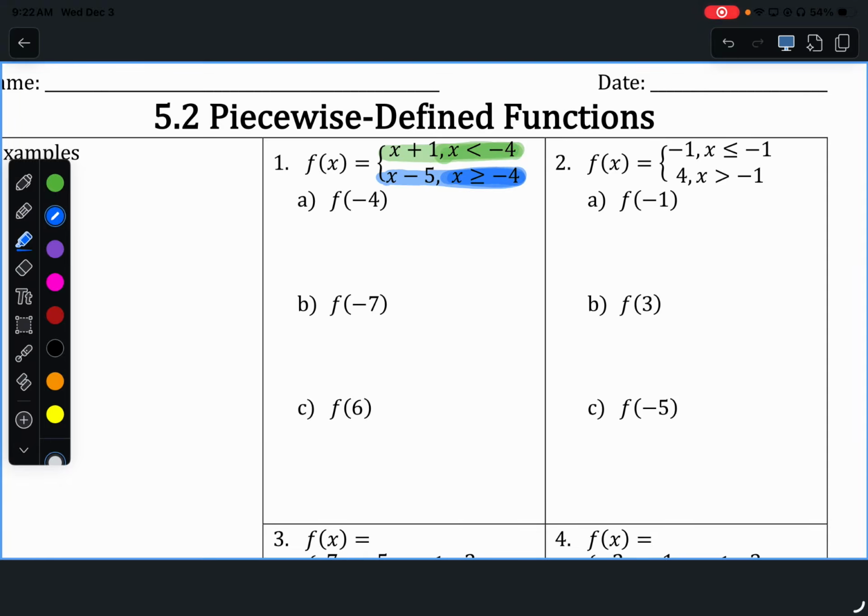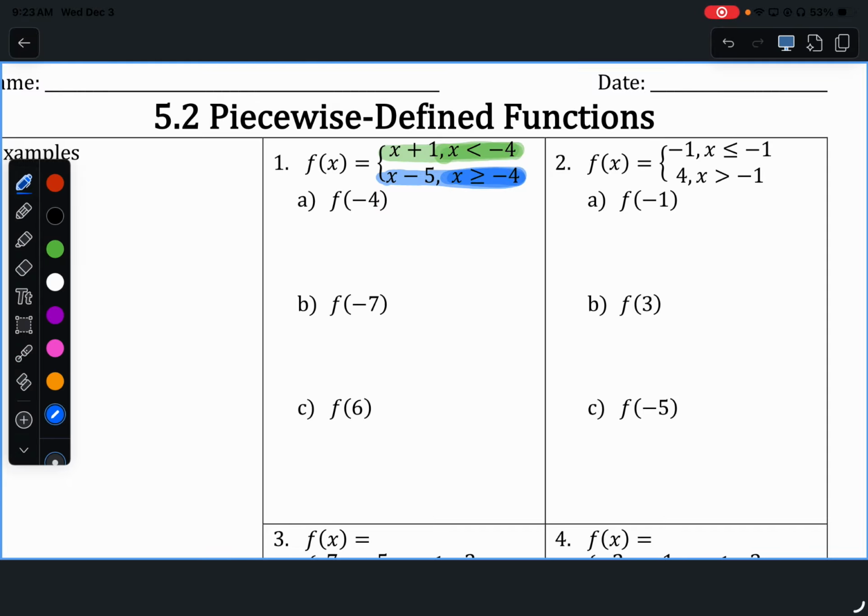And then we're going to look at question 5. So 1 and 4 both have 2 equations, or they are in 2 pieces. Whereas number 5 is in how many pieces? 3. Okay, we still do the exact same thing. Our first piece is 1 when x is less than or equal to negative 3.